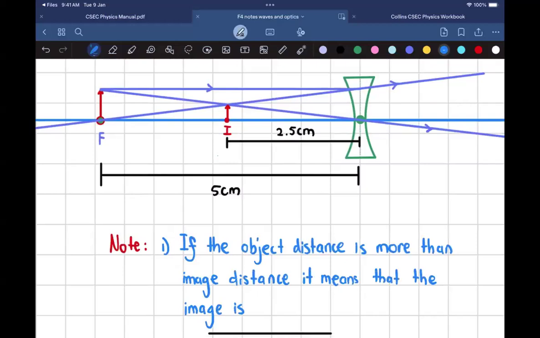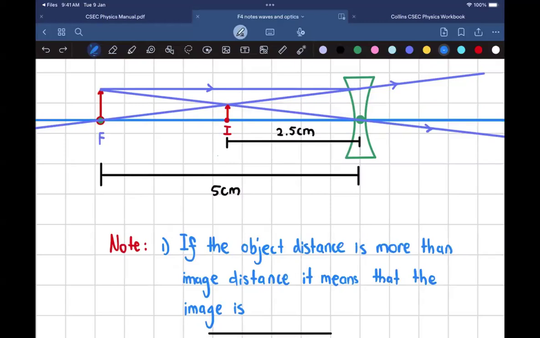Nicholas, if the object distance is more than the image distance, it means that the image is smaller or bigger. What do you think? Smaller. Justin, do you agree? Smaller.